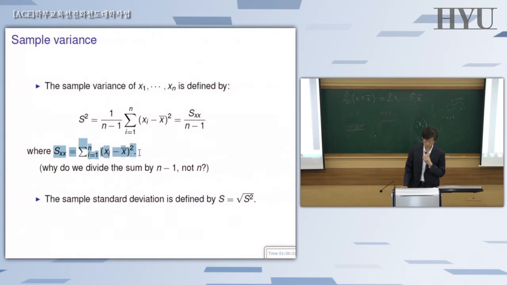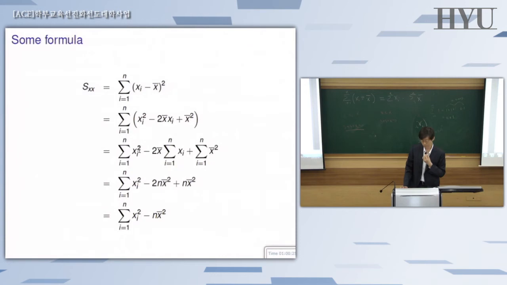Regarding this quantity, we can show an interesting property. First compute the sample mean and subtract it from each sample point x sub i. Square the deviations and sum them all up, and we can easily show that this summation is nothing but the difference between the sum of x squared and the sample size times the squared sample mean.